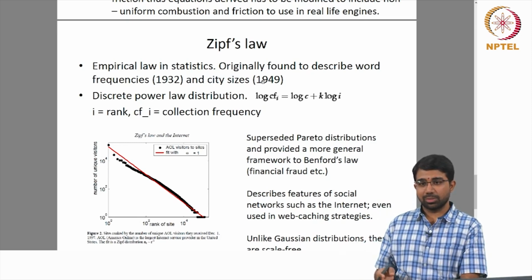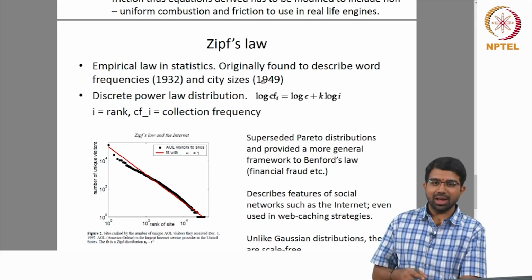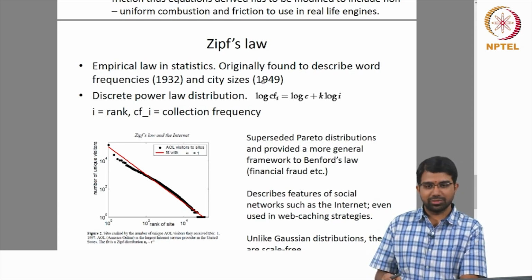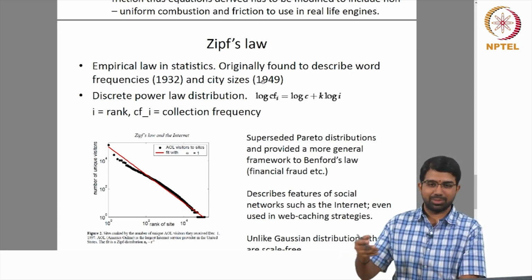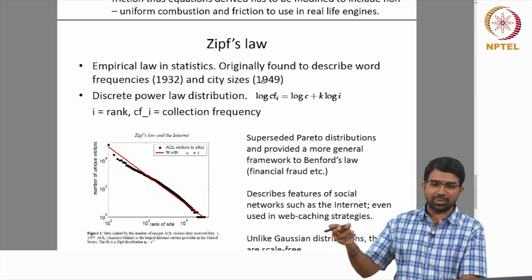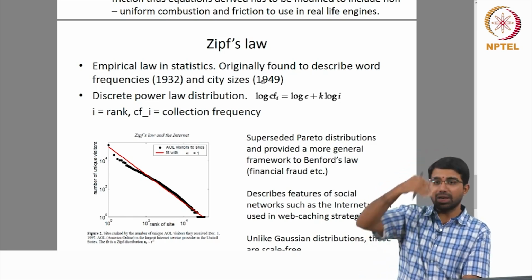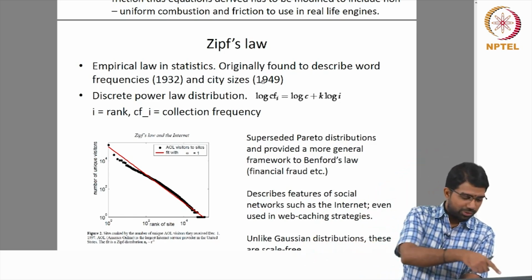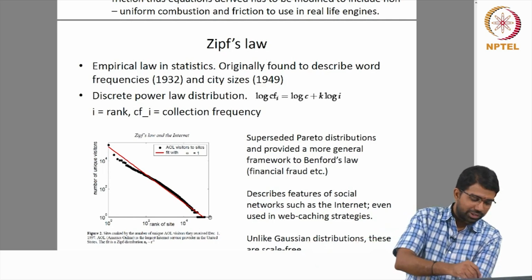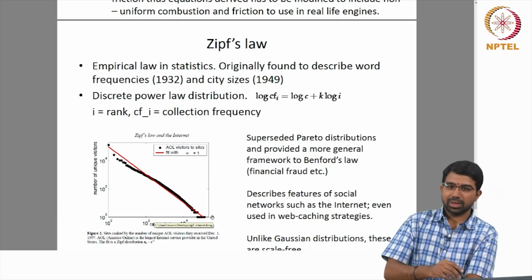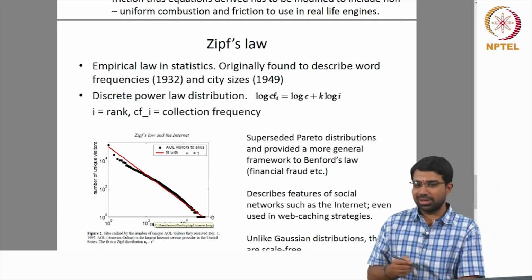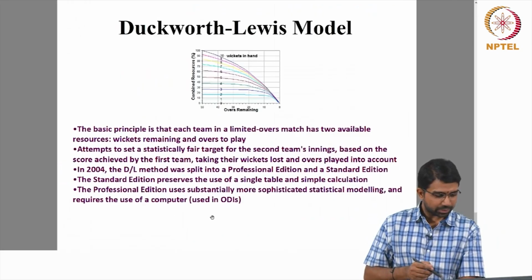The majority of the words will have very low frequencies, and a few words like a, the, prepositions, and conjunctions will have very high usage. So you end up finding a power law kind of distribution, and this is something we will see in biological networks as well as we go on.